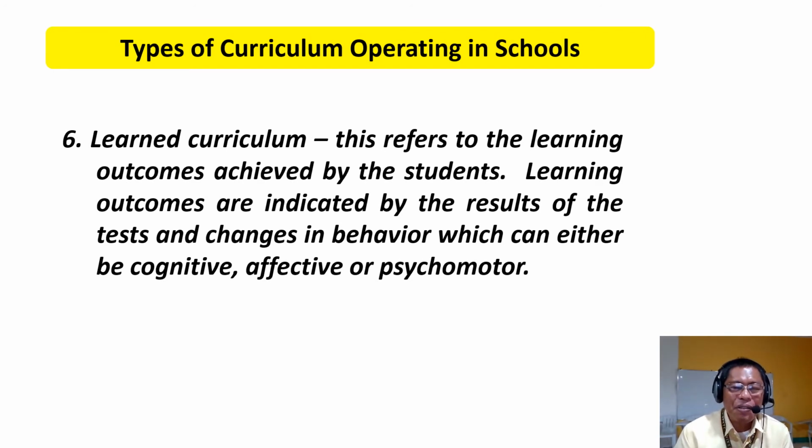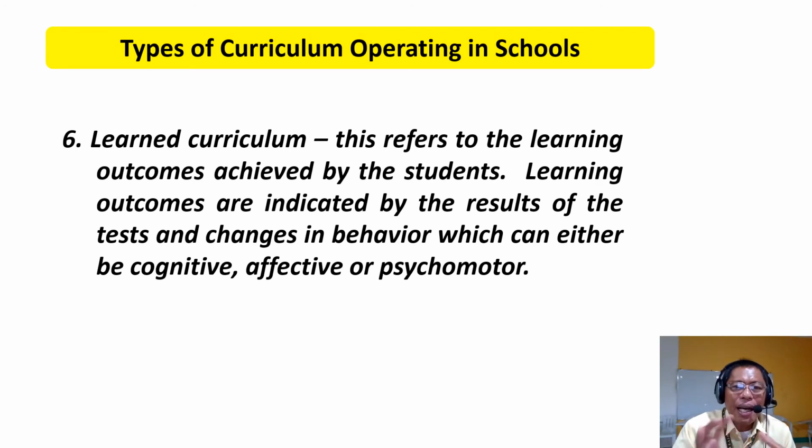This refers to the learning outcomes achieved by the students. Learning outcomes are indicated by the results of the tests and changes in behavior which can either be cognitive, affective, or psychomotor. See? The learned curriculum refers to the learning outcomes achieved by the learners.